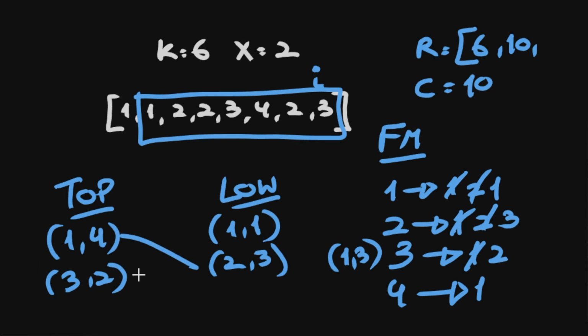But maybe we can swap elements. Maybe we can swap this 2 or this 2 or this 2 or this 2. And for this, we can check what's the frequency for the last element in low and the frequency for the first element in top. And this is greater than this. So we can swap these 2 tuples. We are adding 1 for here and removing that from here.